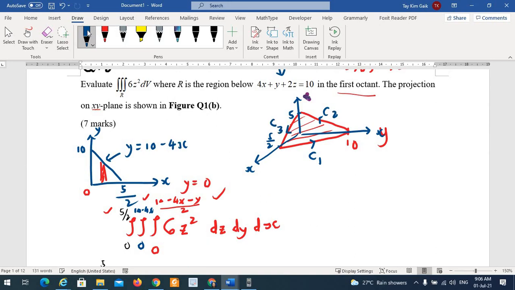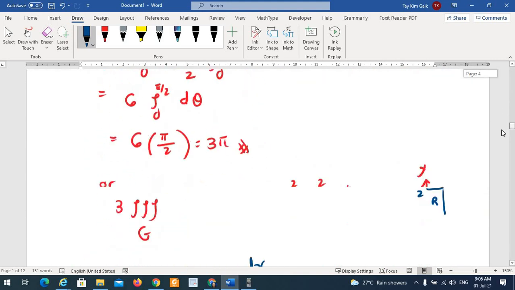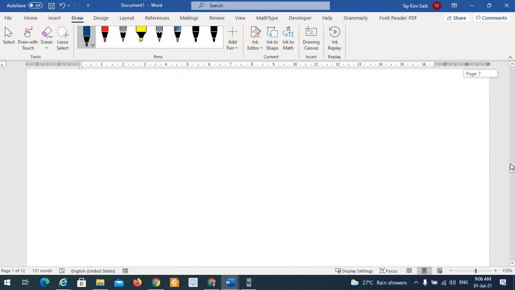Furthermore, the curves C1, C2, C3 are in 3 dimensions and it is difficult to get the parametric equations. So instead of evaluating F dot dr, you use the Stokes theorem, curl F dot n dS across surface S. In that example, with C1, C2, C3, if you do the line integral you have to do it 3 times, and since the curves are 3D, it is a little bit tedious to get the parametric equations and troublesome to do the line integral. But this example is actually not difficult to do as a line integral in 2D.